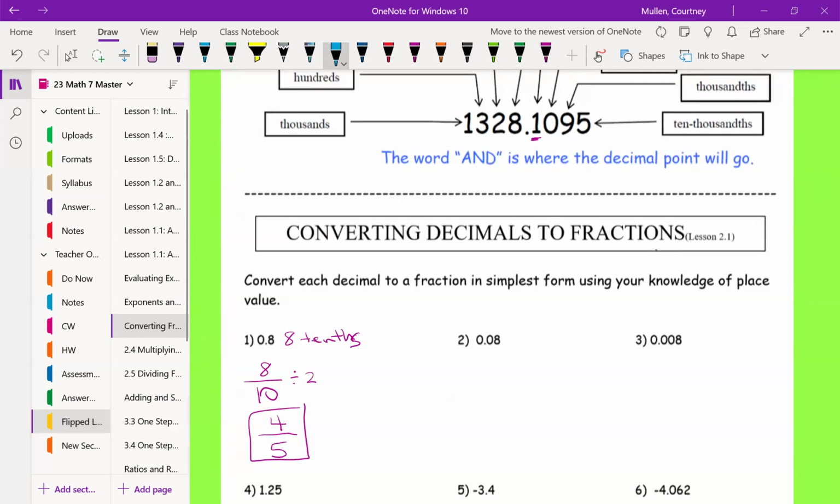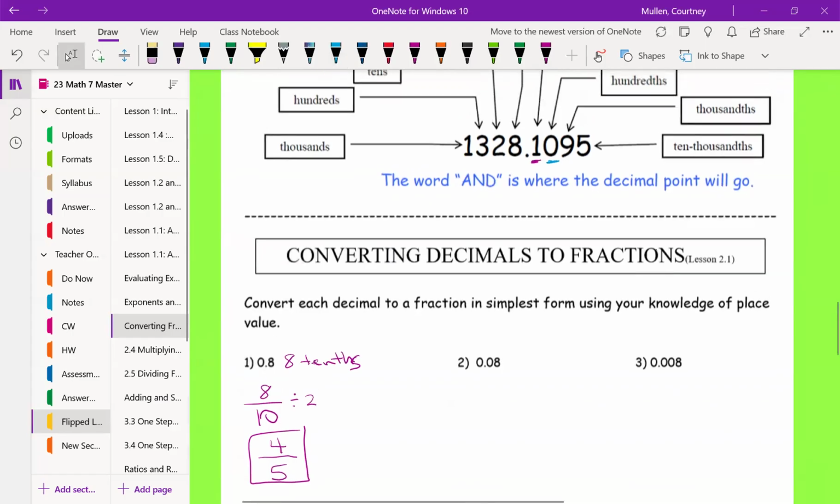Let's try again. What place value is the 8 in now? Well, it's in that second place to the right of the decimal. So that would be what place value? That's right, the hundredths. So this would be 8/100ths. So when we write the fraction, it's 8/100ths.